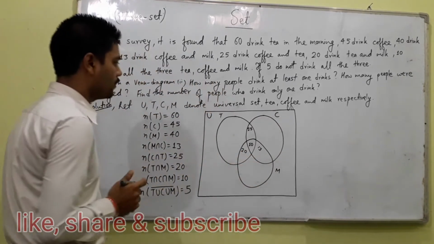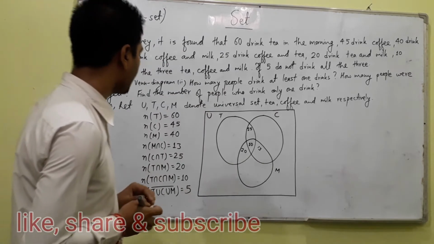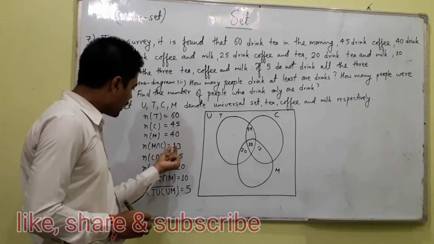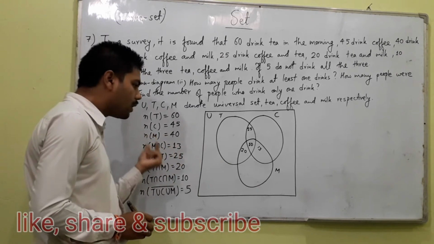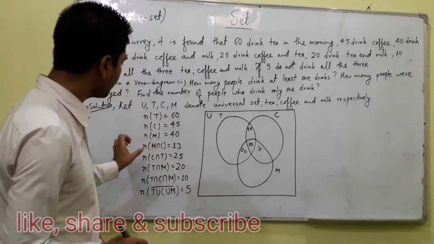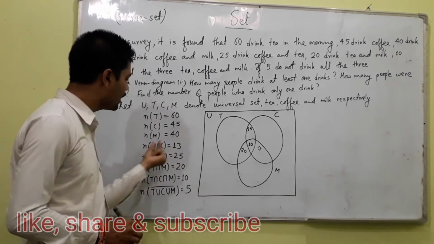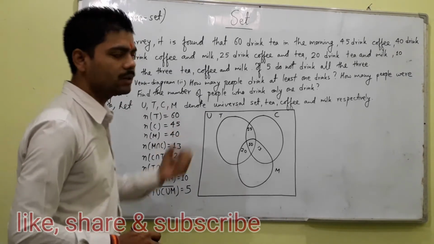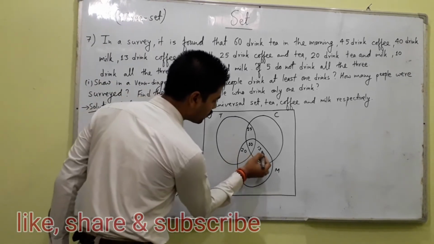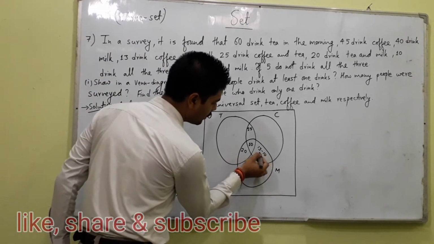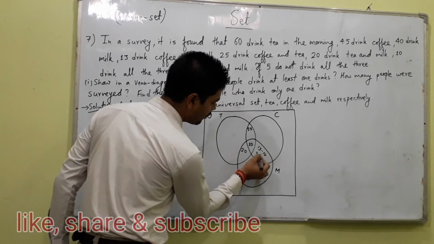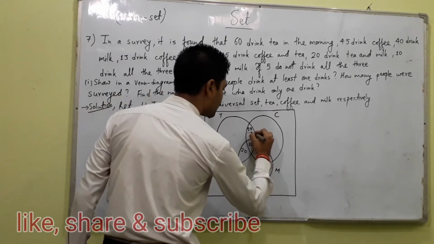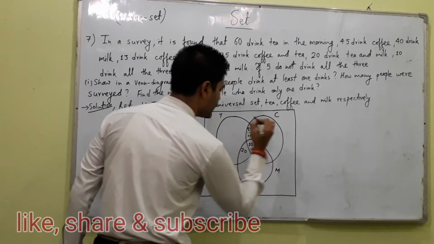But there is a problem when we put the values in a Venn diagram. It hasn't said that there are 13 people who drink only milk and coffee. It has only said that 13 people drink milk and coffee. It means some of them may drink tea also. That is why we have to subtract. 13 minus 10 is 3. Similarly for tea and coffee, 25 minus 10 equals 15.